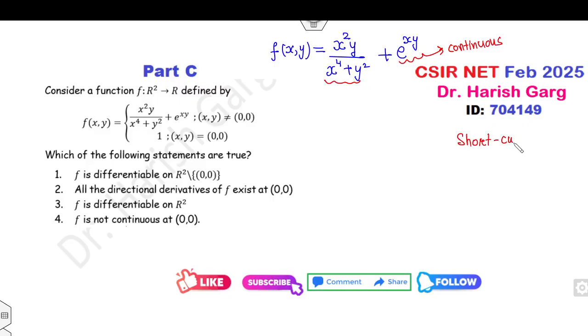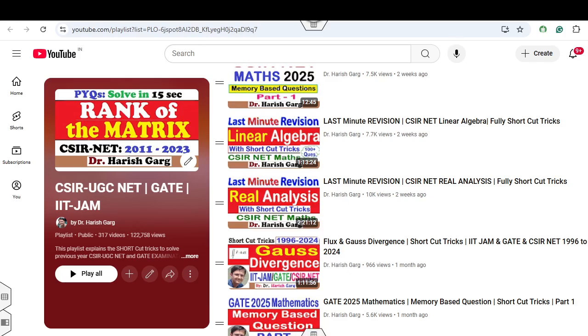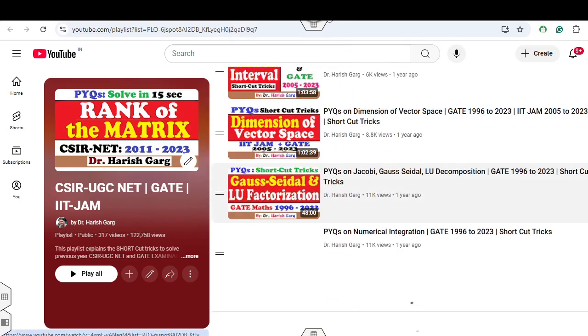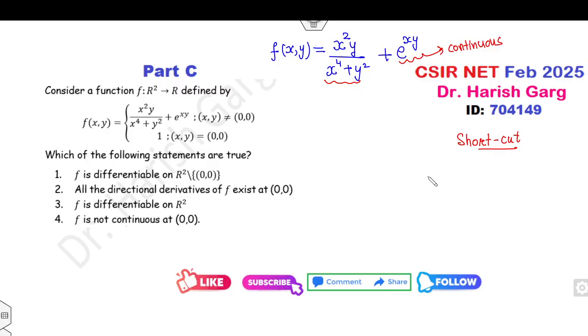What is the shortcut fix? As I explained in my lecture on several variables, you can watch the lecture related to functions of several variables. Let me show you which lecture you can watch. I will tell you the shortcut here.